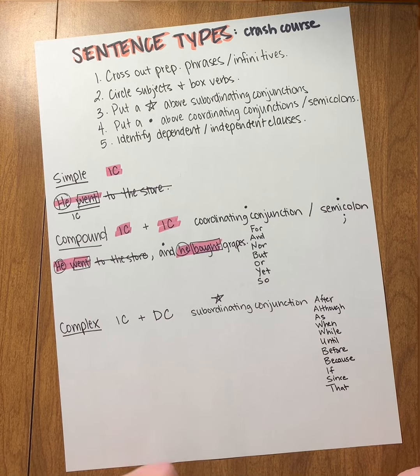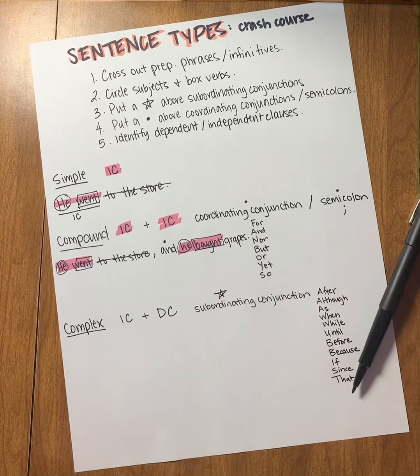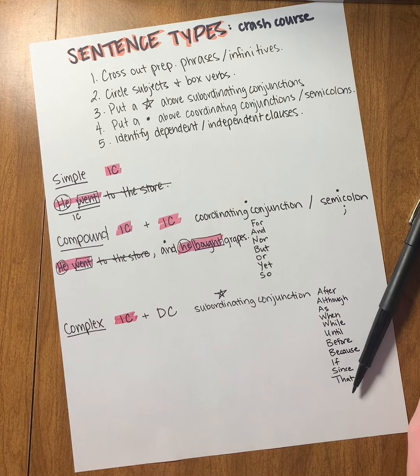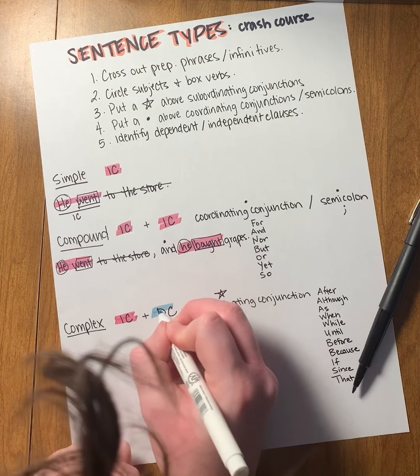Okay, so those are our subordinating conjunctions. We've got independent clauses in red, and I'm going to do dependent clauses in blue.